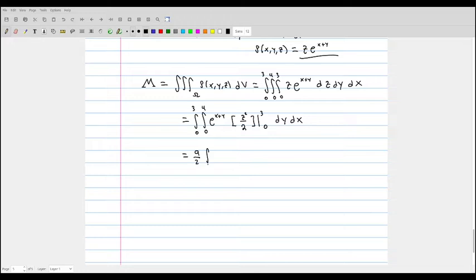And you have the integral from 0 to 3 of the integral of e to the x plus y with respect to y, which is just going to be e to the x plus y, because the antiderivative of e to a power is just itself.